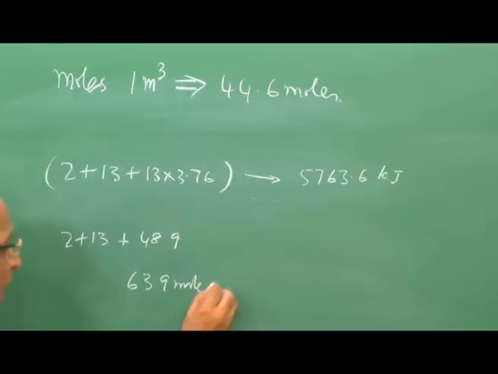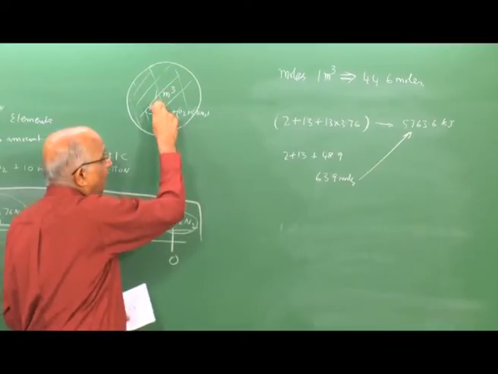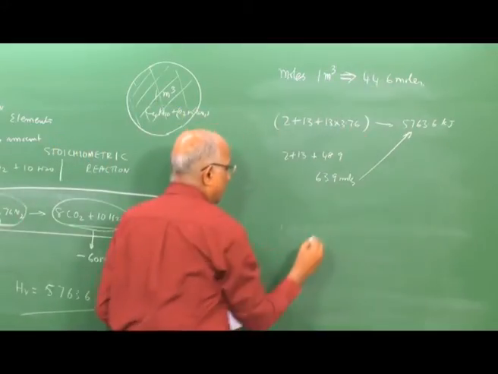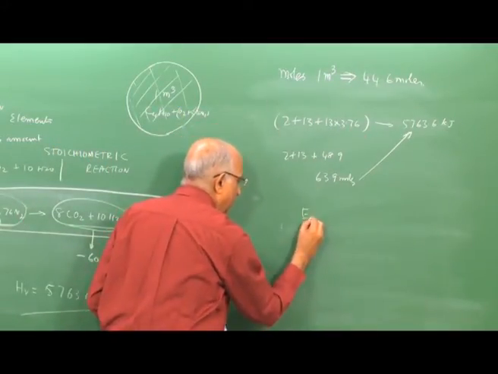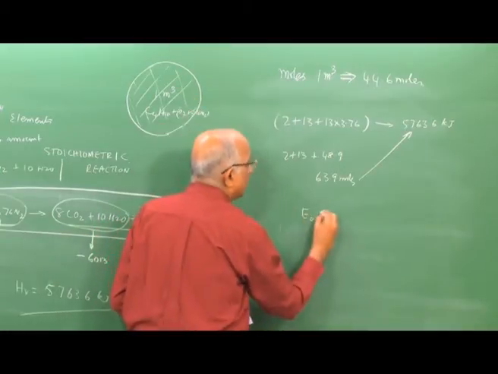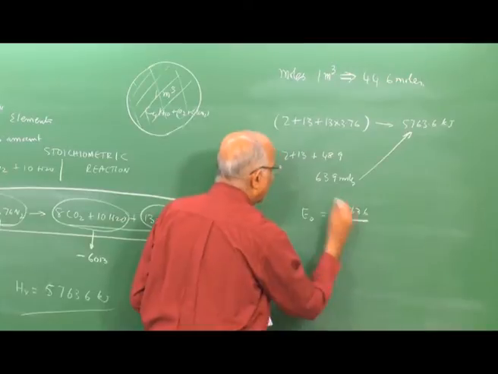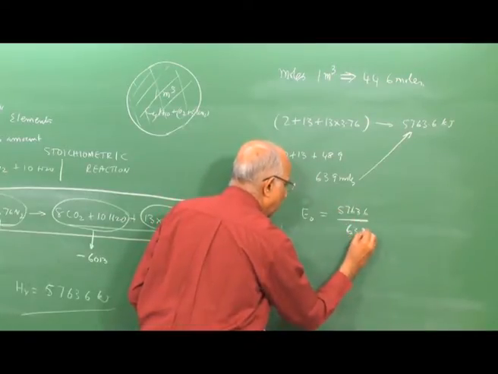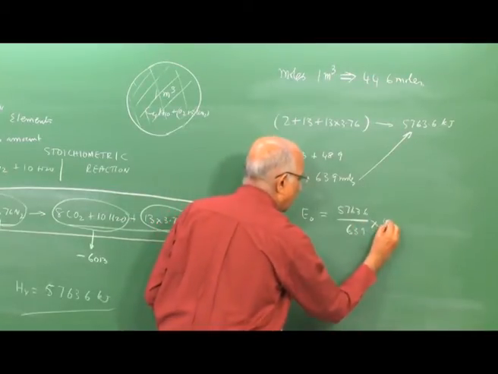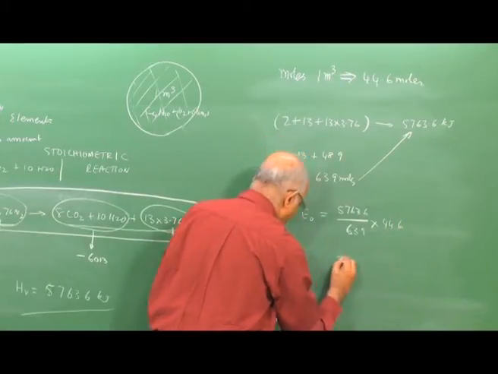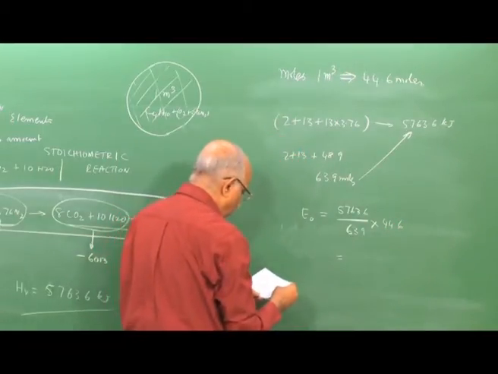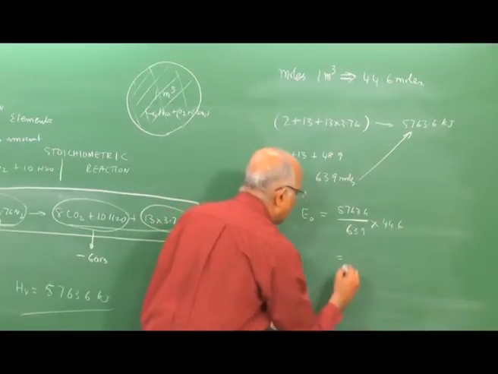Therefore, 63.9 moles gives me this. In the volume, I have only 44.6, therefore the energy liberated from 1 meter cubed is equal to 5763.6 divided by 63.9 into 44.6, which is 4026 kilojoules.